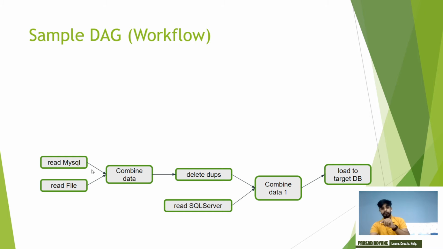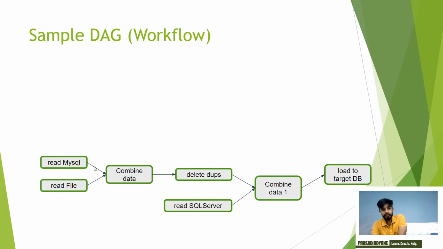But my requirement is if MySQL or file, any one task is complete, then also it's okay with me. If I lost one data, let's say file data, then I don't care. I just want at least one out of these two tasks to run, then that's fine for me. So for that we have trigger rules which we can set.